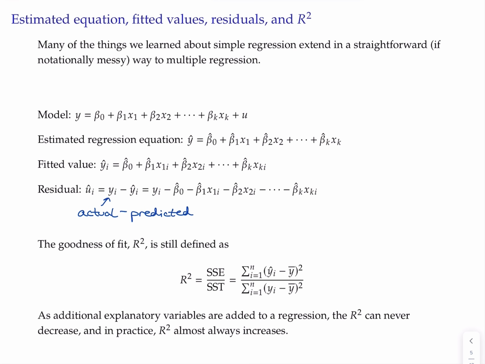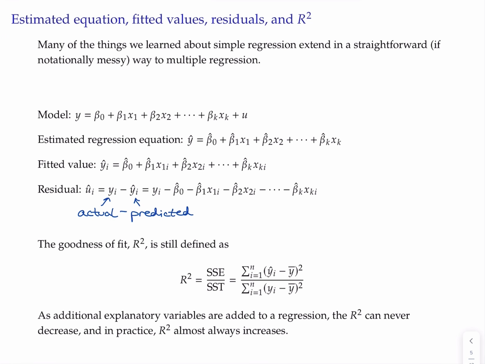Actual is y sub i, predicted is y i hat. The R squared is still defined as the share of the total variation in the outcome y that we can explain with our regression. This is variation in the fitted values y hat, this is variation in the observed y sub i, and the R squared is just the ratio of those things.